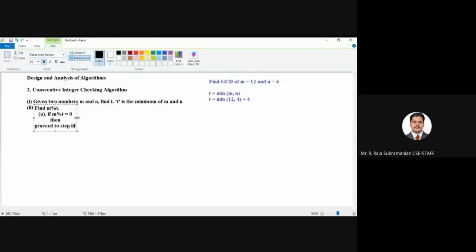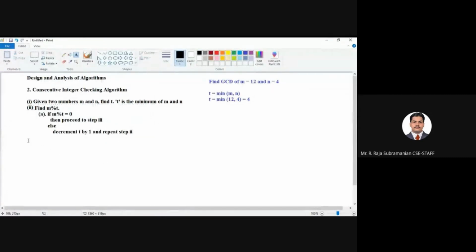This step 3 we have to write, right? Else, what I have to do is decrement t by 1 and repeat step 2. This is the thing I want to do.